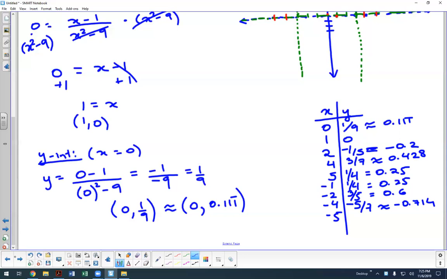They are really horrible numbers as far as graphing goes, because we just have to put them approximately. The decimal approximation for that is negative 0.375.